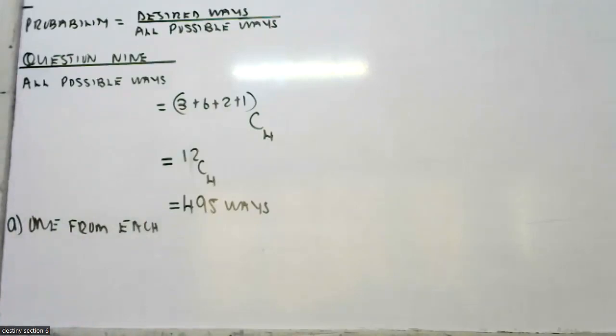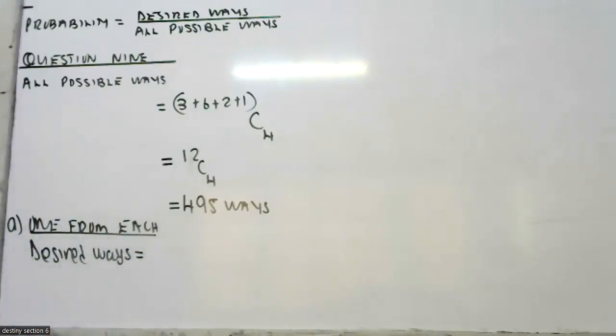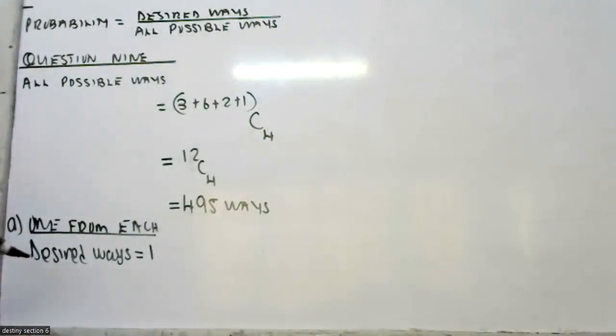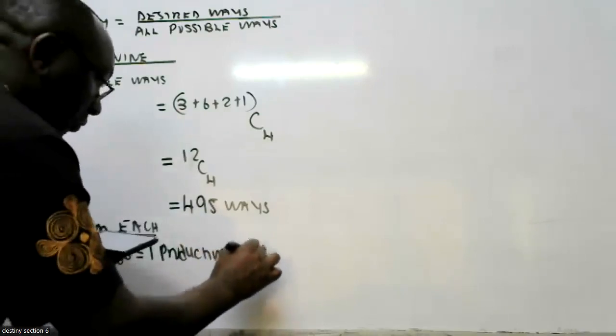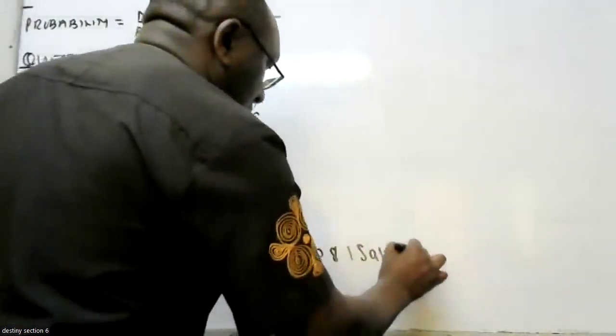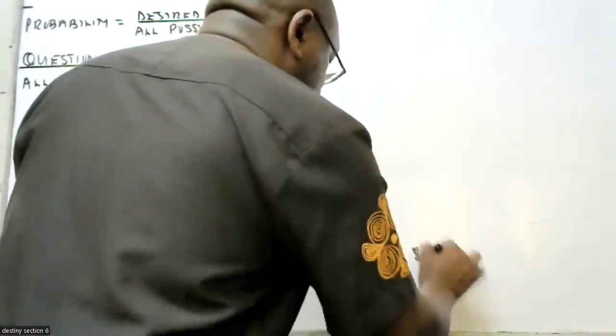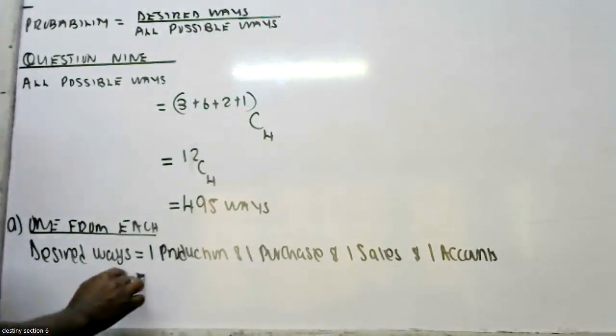So if you are told we want one from each category, the desired ways is we get one production and one purchase and one sales and one accounts.